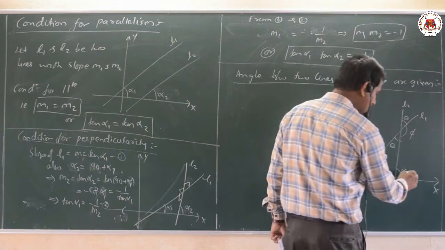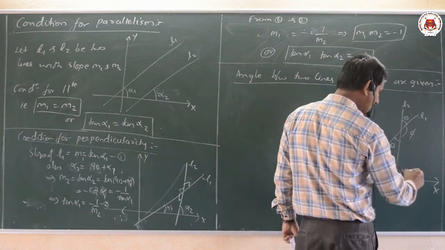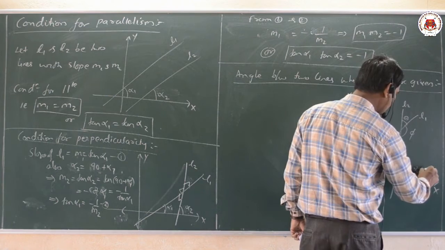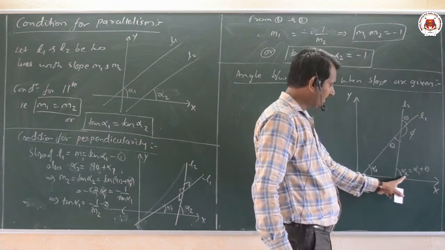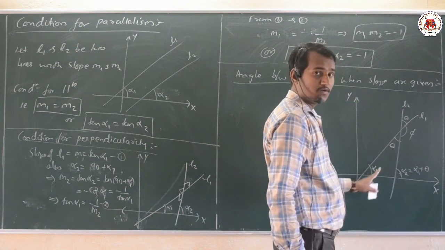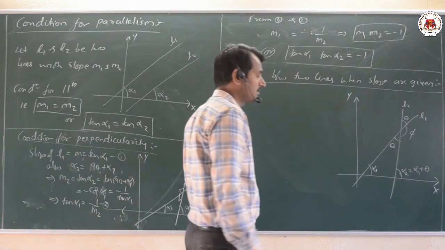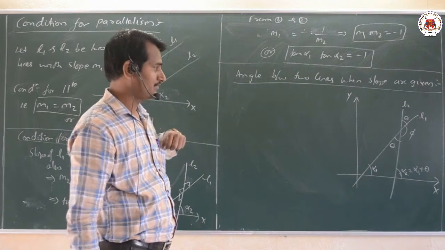We know that the exterior angle is equal to the sum of the interior opposite angles. Therefore, what I get is alpha 1 plus theta. That is the property of triangles that we learnt in the first PUC.